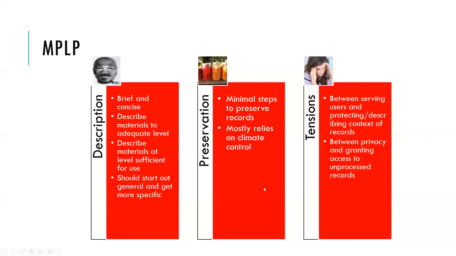So in a lot of ways, there is a contrast between quick and minimal processing and the long-term and adequate preservation of records, as well as between minimal processing and providing information to researchers in an efficient manner.